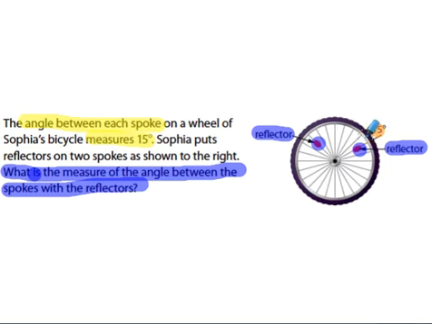I can see that right here, okay? They're saying that this angle right here, this one right here, measures 15 degrees, okay? So one of these angles is 15 degrees.